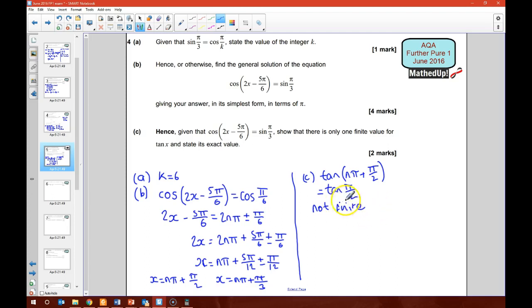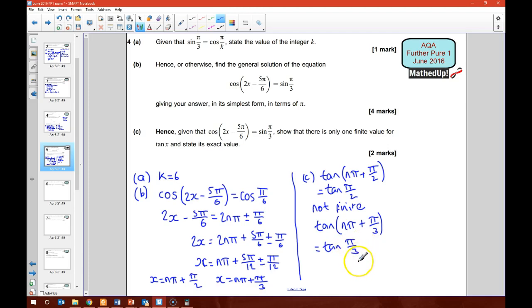So it's not finite for this particular value because this is actually an asymptote of pi over 2. And I can take my other solution now, which is the tan of n pi plus pi over 3, which is just going to be equal to the tan of pi over 3.